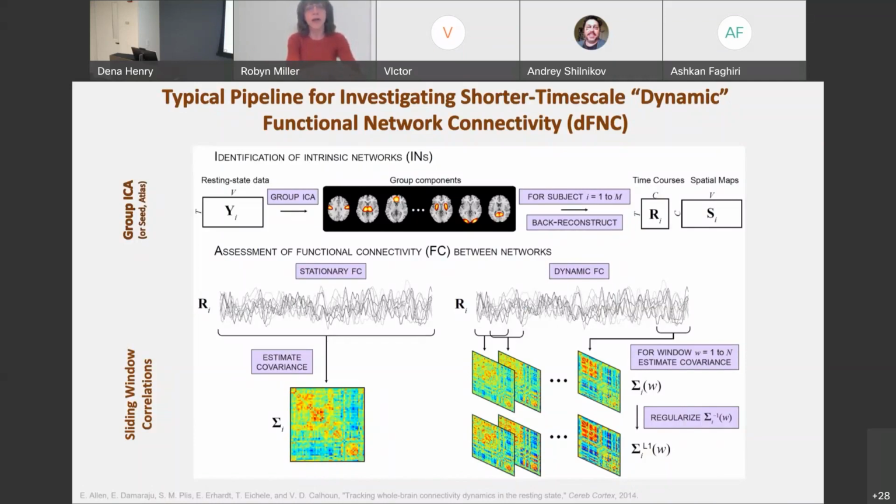As Victor was indicating, rather than using the entire time series, we take the same measurement on shorter windows and slide them through the time series, so that you get one for each of these windows within the scan. That creates a kind of explosion of data, but it potentially gives you more information about what's happening in anyone's brain during the scan.